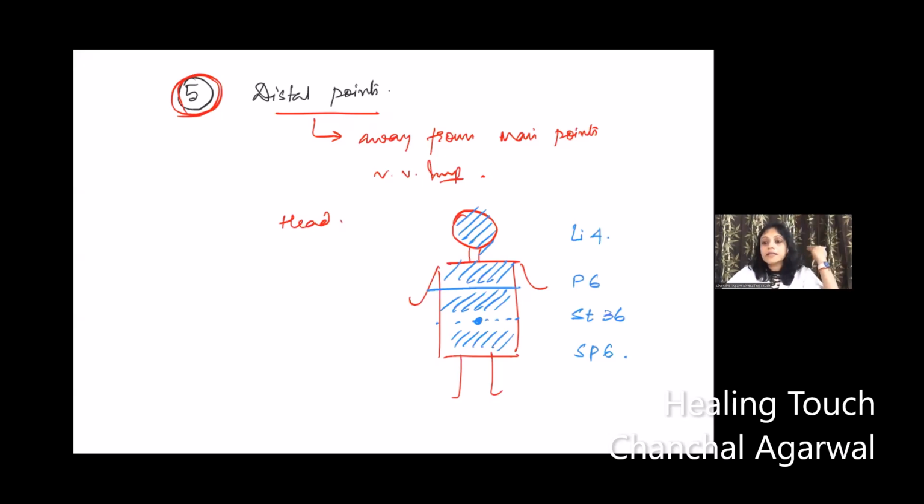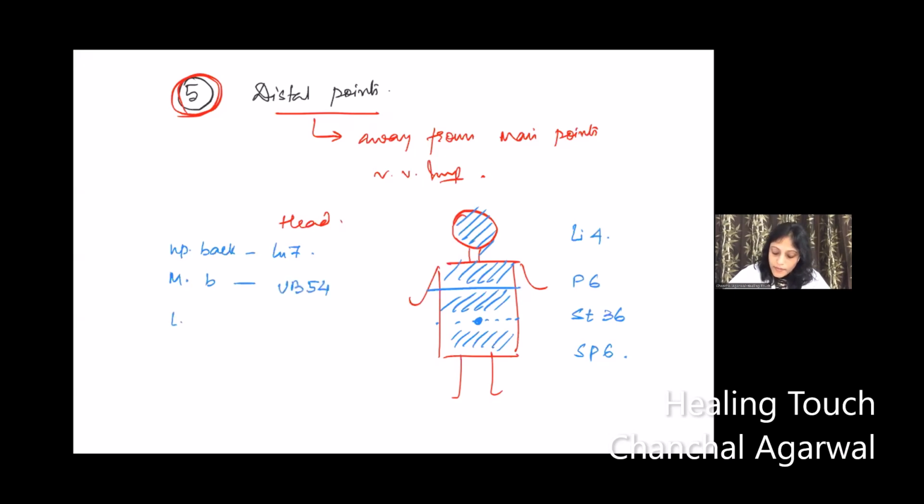Similarly, on the back side, if it is an upper back area problem, for the upper back you have LU7. Middle back, you have UB54.